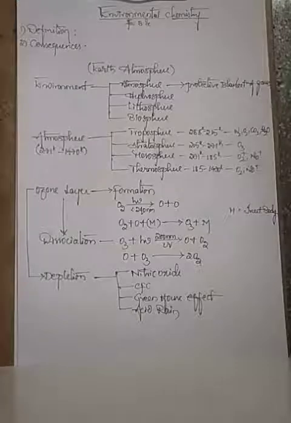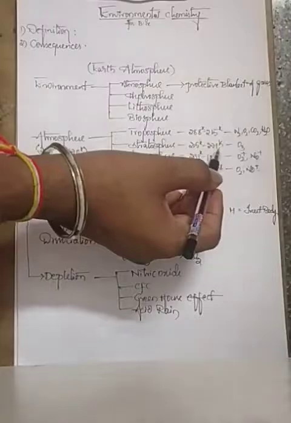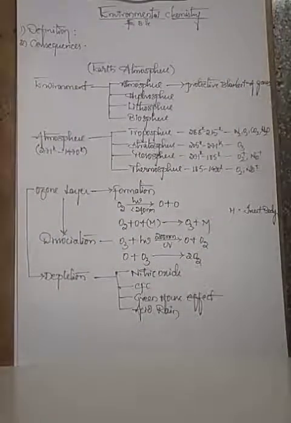And the stratosphere. What is the stratosphere? It lies above the tropopause, where the temperature increases with increase in altitude, and the maximum temperature seen is 271 kelvins.